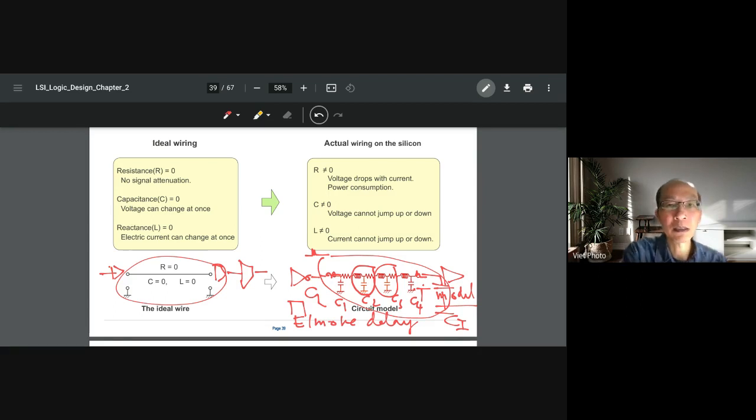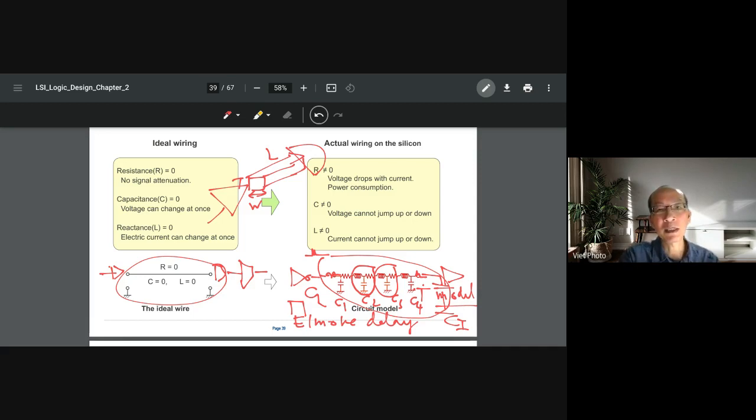Here in the circuit, here's the length, and here's the thickness. And this one is the width of the metal wire to connect to, let's say, here. At the end here, you have the input, and here you have the output of the inverter.